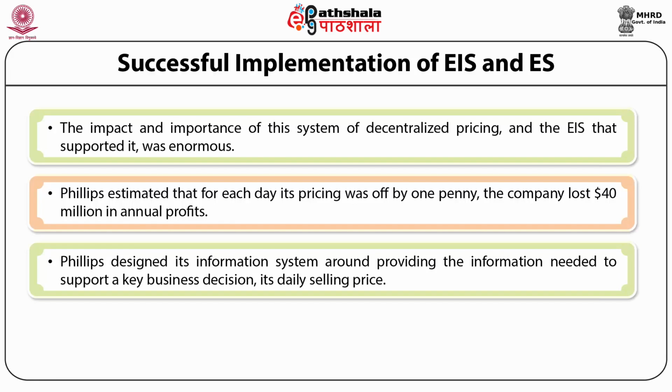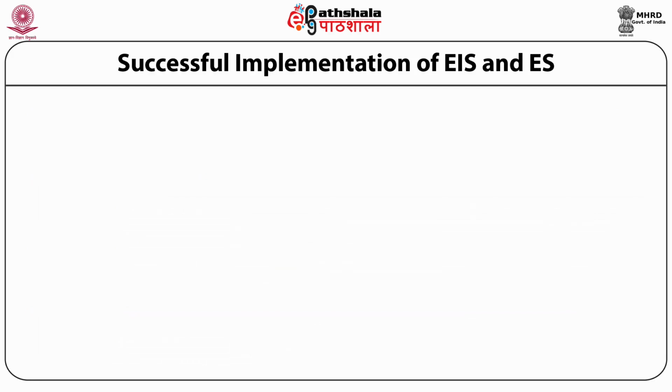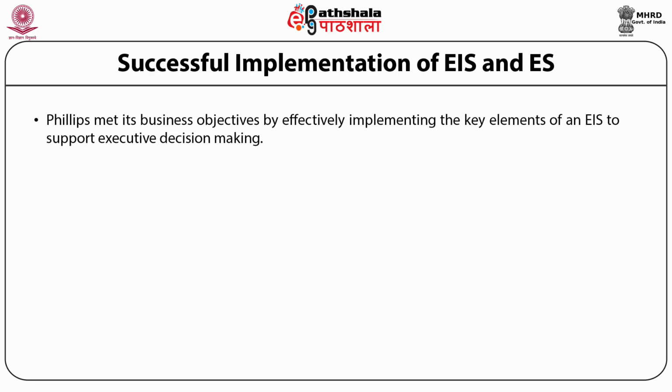It put both the pricing information and the responsibility in the hands of the local market managers, who were in the best position to make the decision. Philips met its business objectives by effectively implementing elements of the EIS to support decision making.